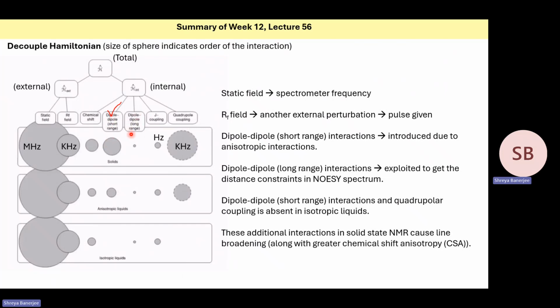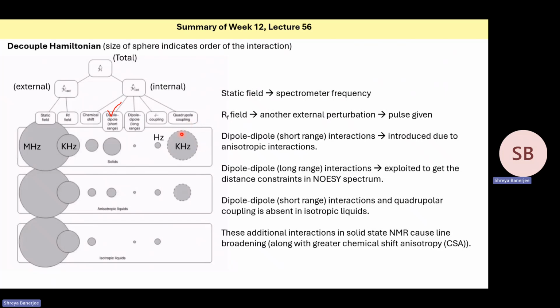You can also have dipole-dipole long-range interactions. These are basically the ones that are used to find the distance constraints in the NOESY spectra. Then you can have J coupling, and finally you can have quadrupole coupling. We don't need to look too much into the detail of quadrupole coupling.